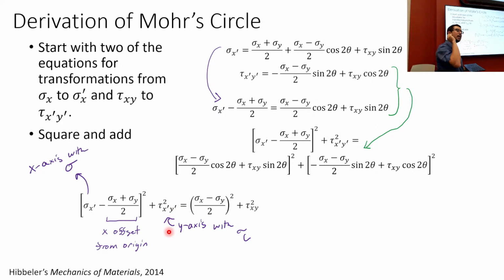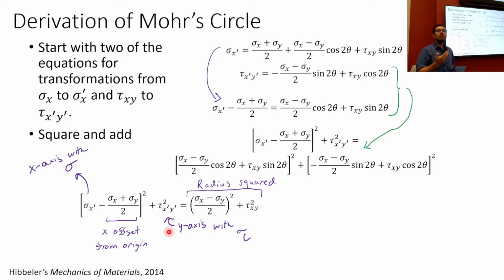So this circle is always going to be on the horizontal axis. But where it is on the horizontal axis is determined by the average of the normal stresses. Again, we'll explain this in more detail.